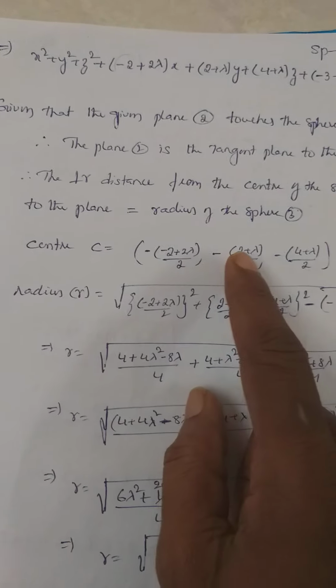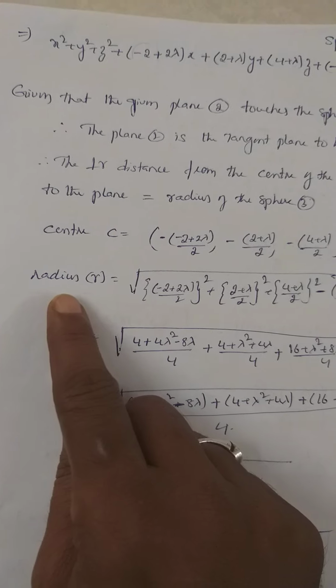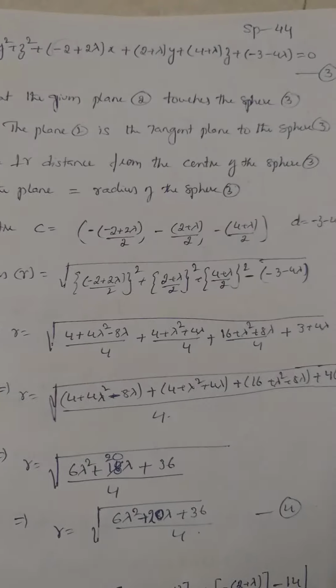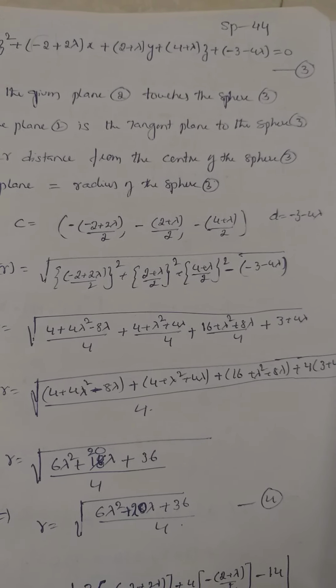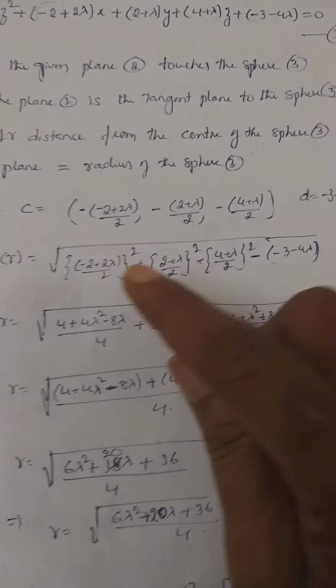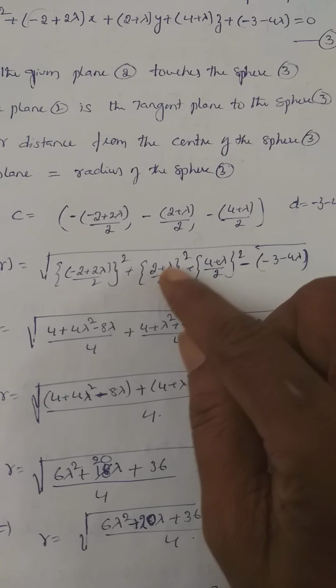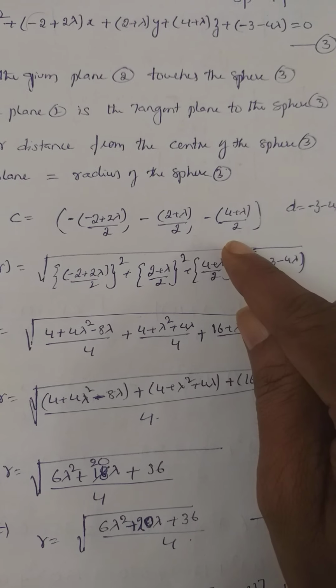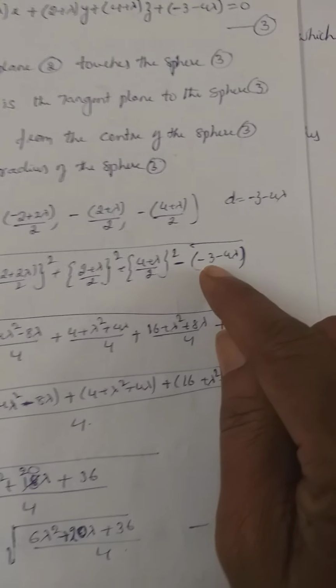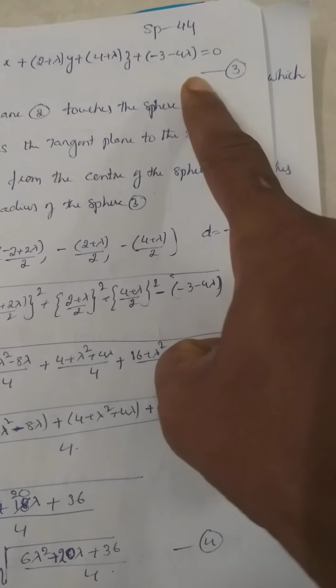Now, we got the center and we need to find the radius. Radius is equal to what? Under root of u square plus v square plus w square minus d. U value whole square, v value whole square, w value whole square minus of d value from this equation.